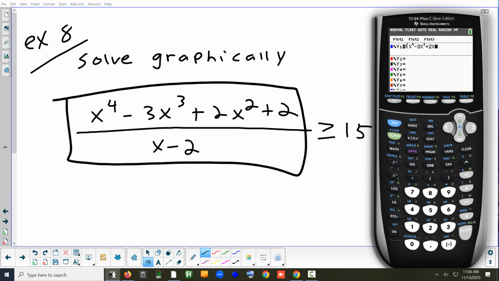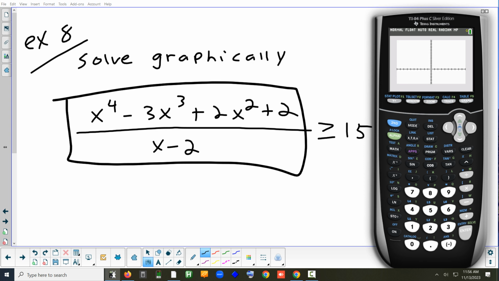Plus 2x squared plus 2. Okay, and where's my horizontal line this time? 15. So I've got to set my y max. I'd probably go maybe 20. Okay, let me make sure I typed it in right. Yeah, looks good.